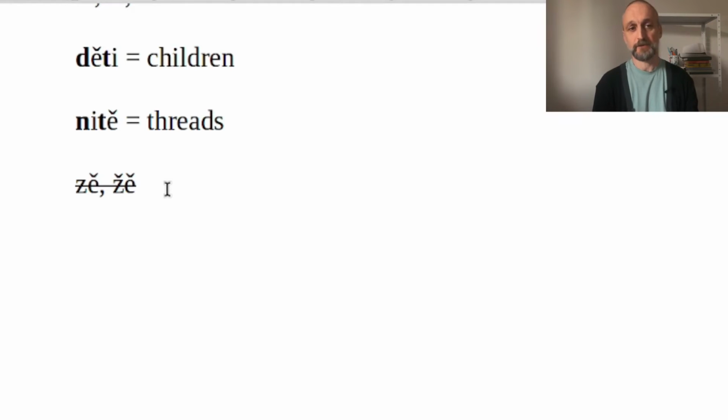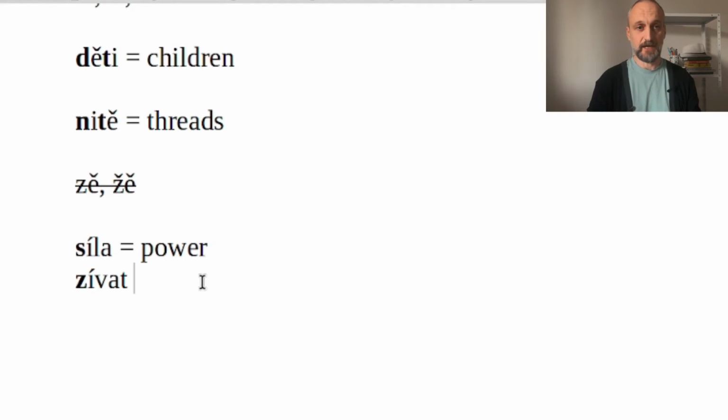And also, we don't have to care about it in case of these letters being followed by měkké i, because that happens, like, for example, in this word. So in contrast to d, t, n, when c, s, z are followed by měkké i, they do not change. So this is actually pronounced síla, which is power. And this is pronounced zívat.